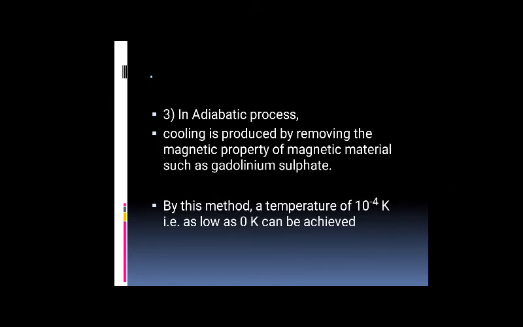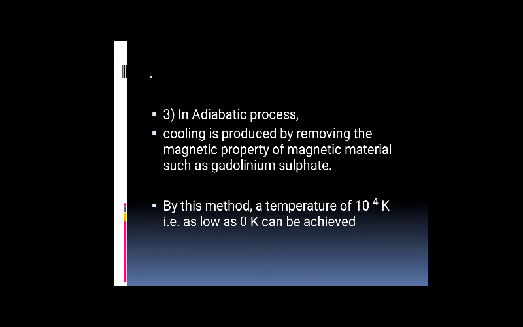The last one, the adiabatic process. In this process, cooling is produced by removing the magnetic property of a magnetic material. The substance they want to cool is surrounded with a magnetic material such as gadolinium sulfate. They will apply a magnetic field, and all the materials will align in one direction and keep vibrating.